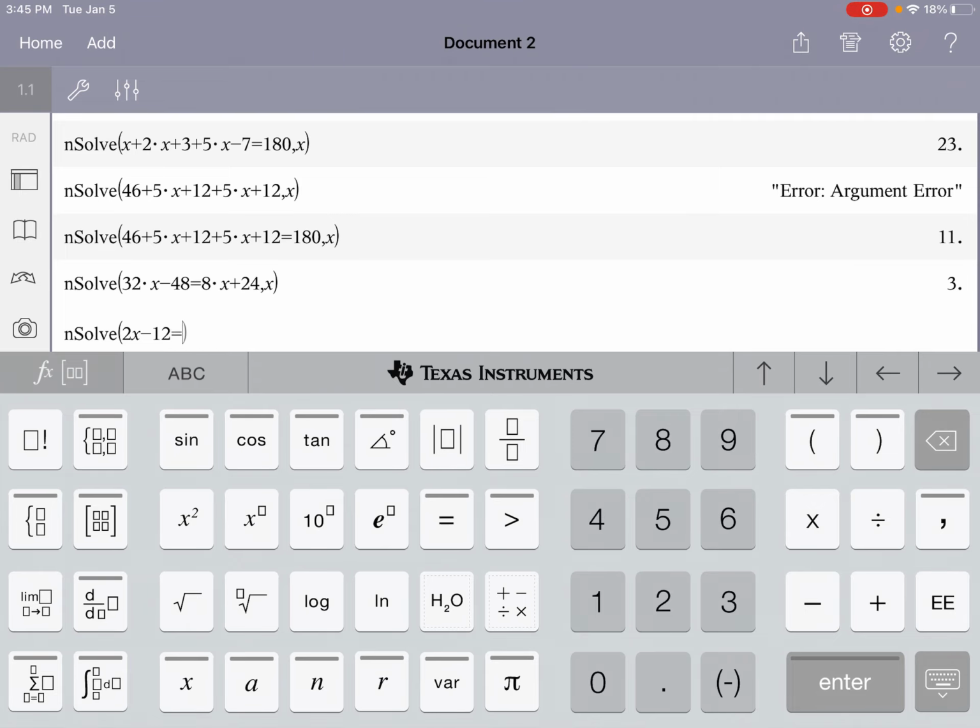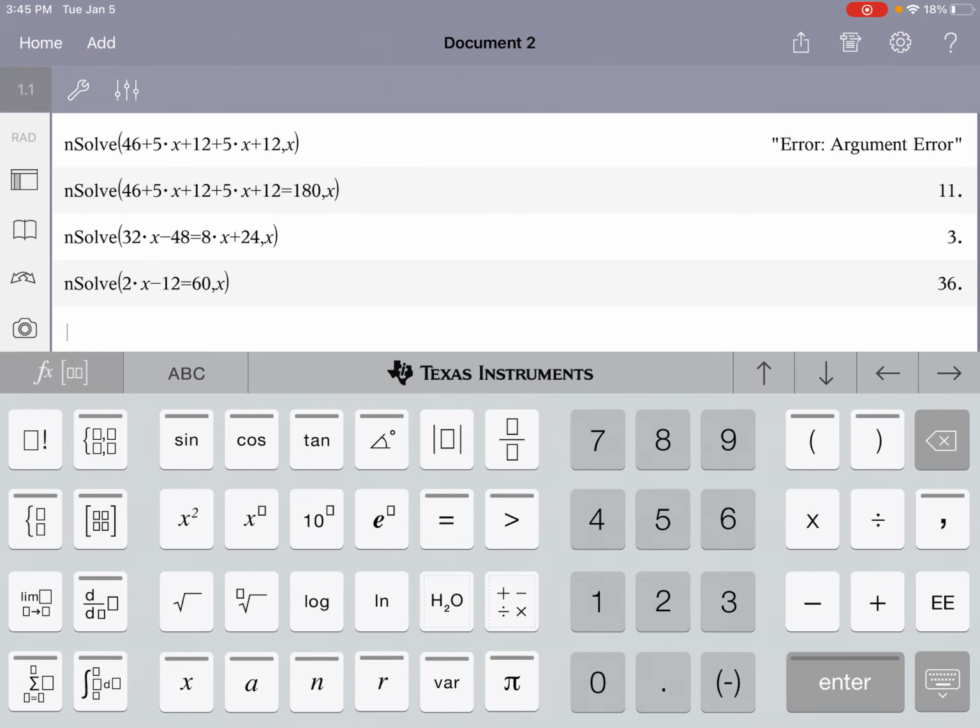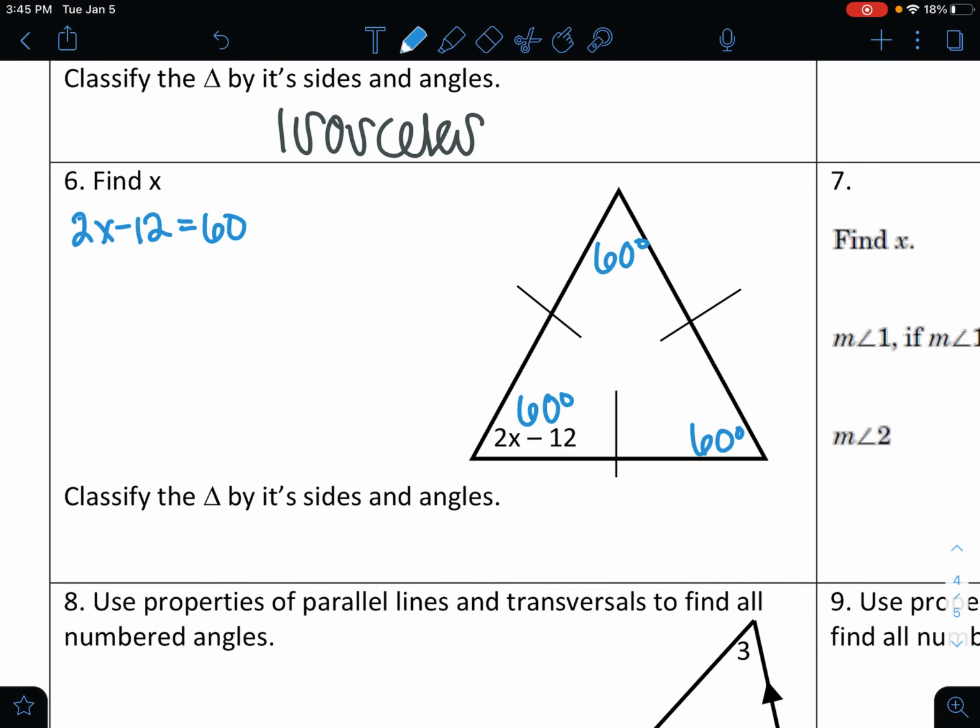And that equaled what, 60, comma x, and that would be 36. So x equals 36. And this is obviously equilateral. And it said sides and angles. So the sides means equilateral.